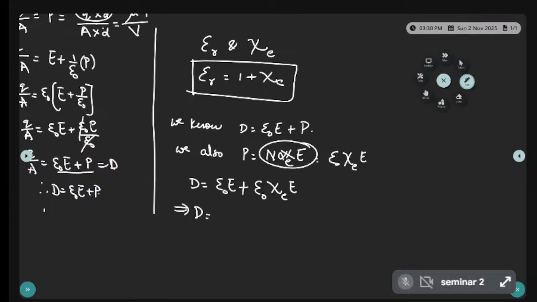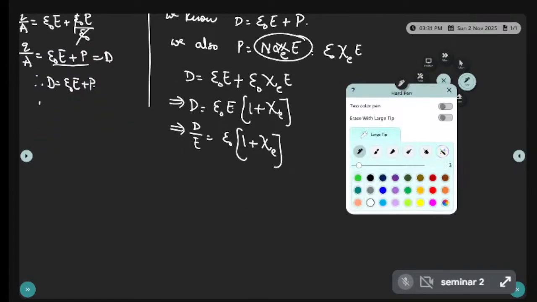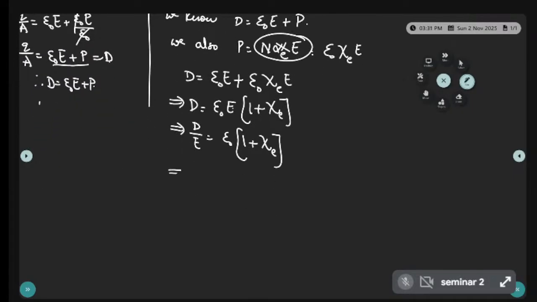So what is common here? Epsilon naught E. What will come? Bring this E this side. D by E is epsilon naught into 1 plus psi. Already we know D by E is epsilon.